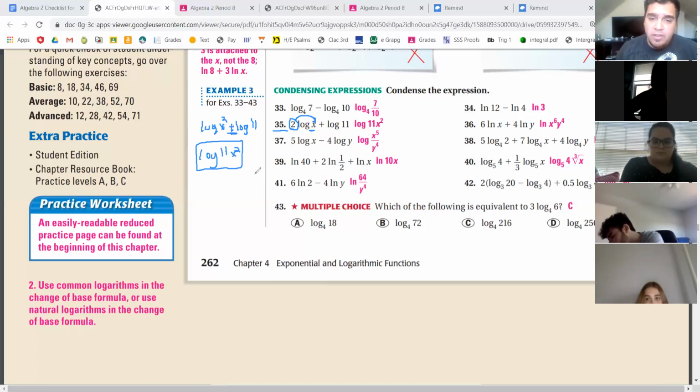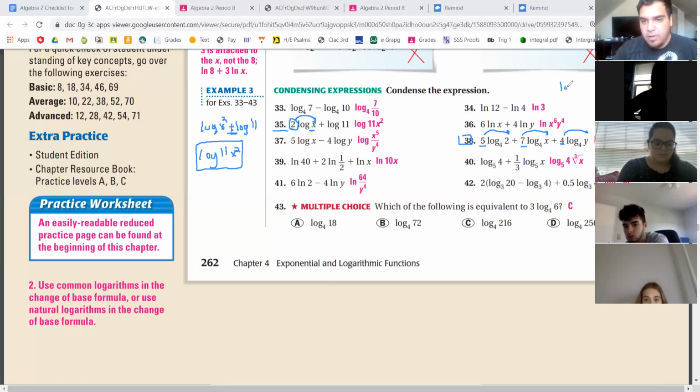Let's do a relatively tough one. Number 38 would be something I would give you. So everything that's in front, we want to move on top first. This 5 goes on top of this 2, this 7 goes on top of this x, and this 4 goes on top of the y.